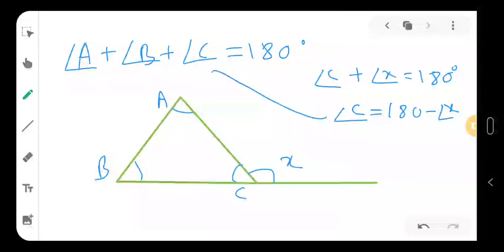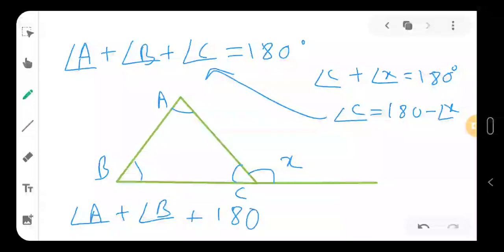So if I put this value here, what will I get? I will get A plus B plus 180 minus X is equal to 180.